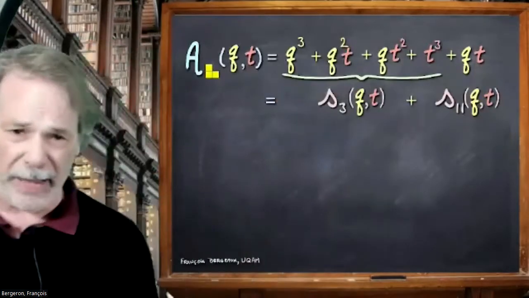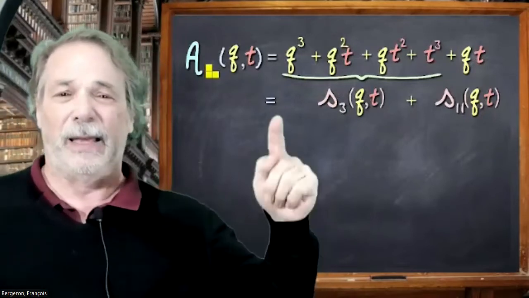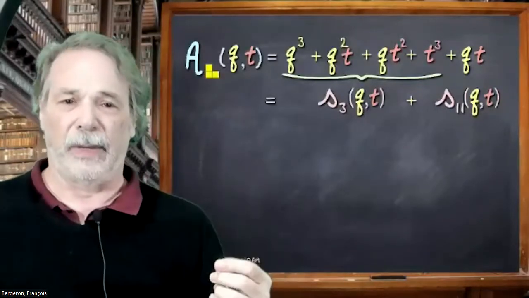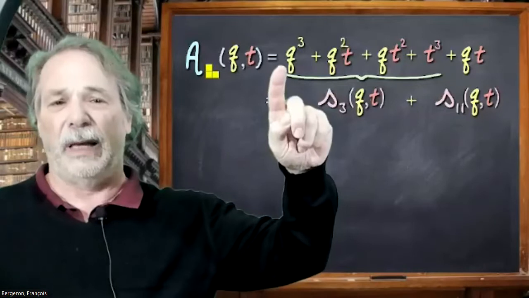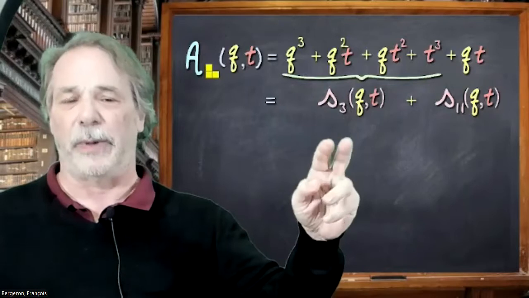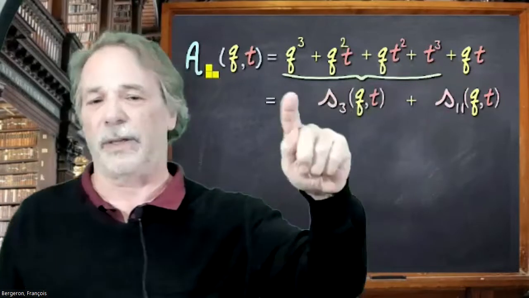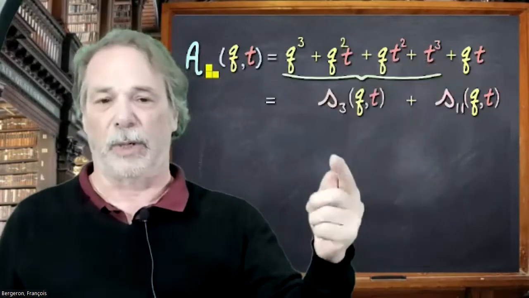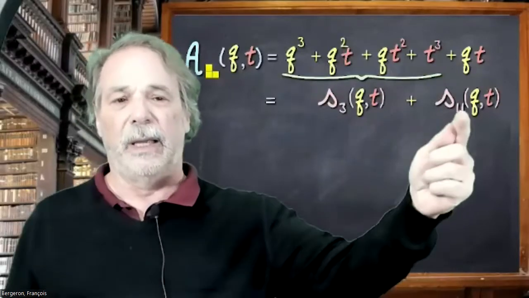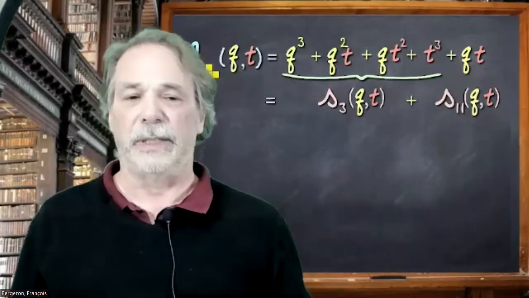I want to go to the next step, which is fun for me. This polynomial has a very beautiful structure. It's the sum of two Schur functions calculated in two parameters Q and T. This is S3, the homogeneous symmetric function, calculated at QT, so it's the sum of all monomials of degree 3, and this is S11, the elementary symmetric function, calculated at QT.